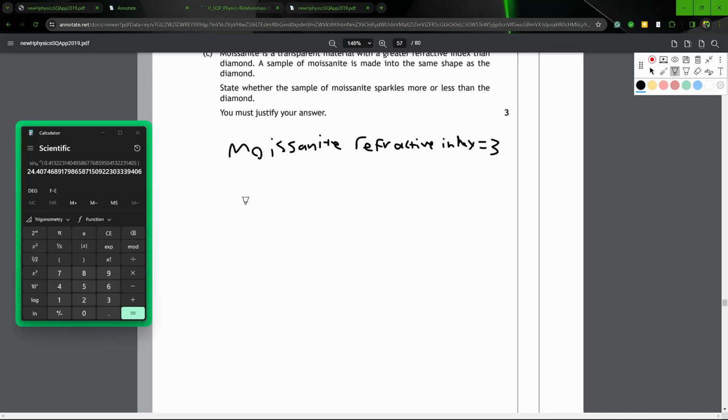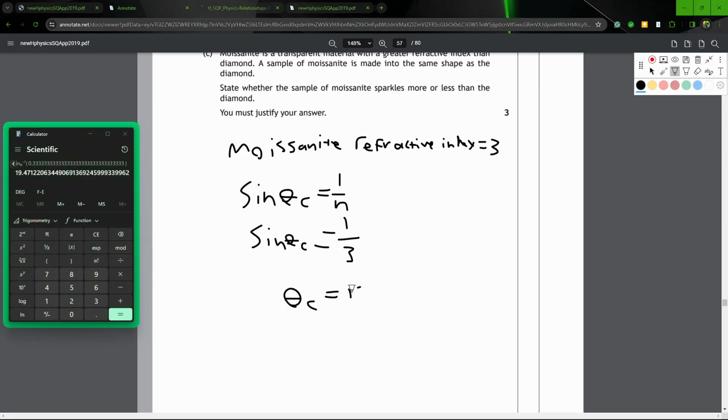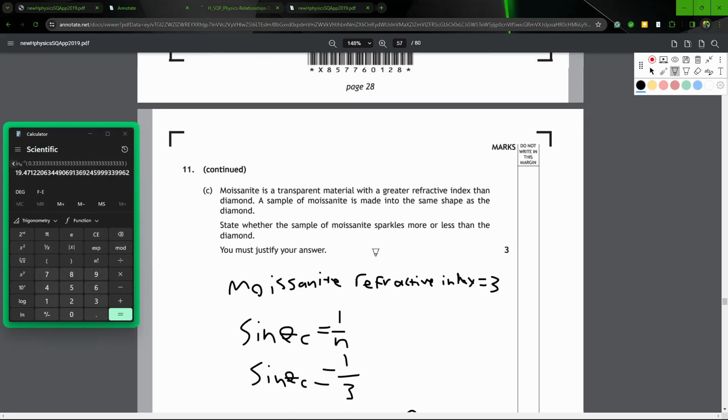So we can go sine theta c equals 1 over n, it's 1 over 3. So the critical angle is 19.47 degrees.